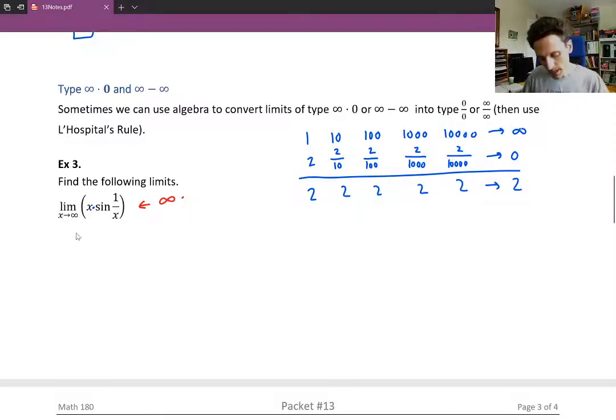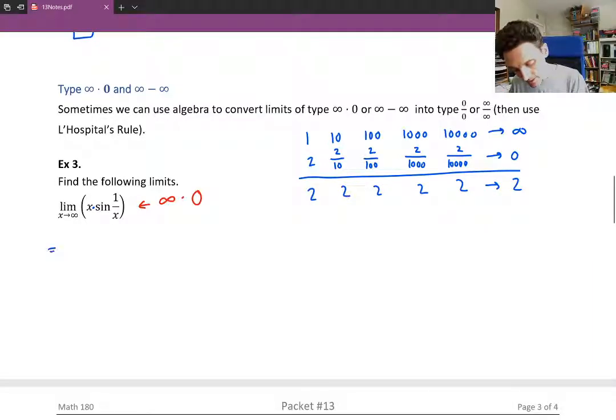And then if you think about what happens to the sine 1 over x, as x approaches infinity, 1 over x is approaching 0, and sine 0 is 0. So sine 1 over x is never exactly equal to 0, but it's just getting closer and closer to 0 as x approaches infinity. So this is of type infinity times 0. It's that kind of indeterminate type of limit.